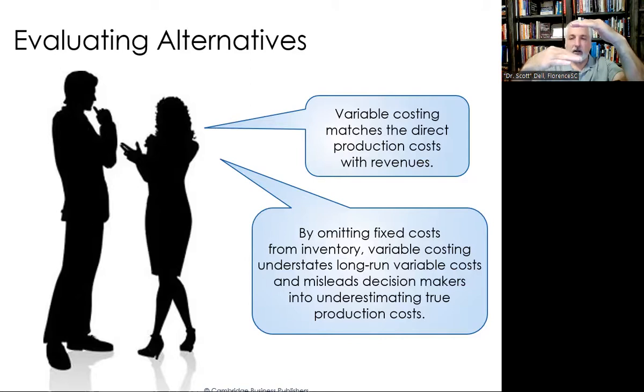So as long as you're covering those, at least you're contributing something to the fixed costs, even if you're still losing money. If you close that division, you probably still have the fixed costs unless you can sell off the division. Those fixed costs are still going to be incurred, and you're just not going to have any of the revenues to offset that in excess of materials, labor, and overhead.